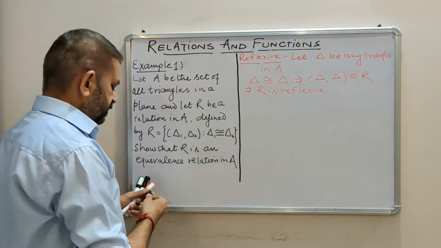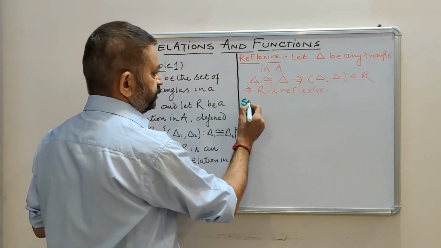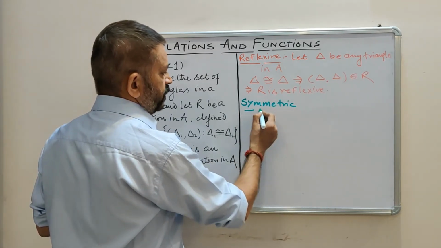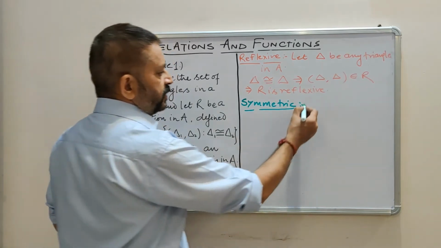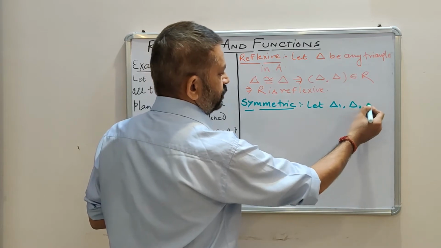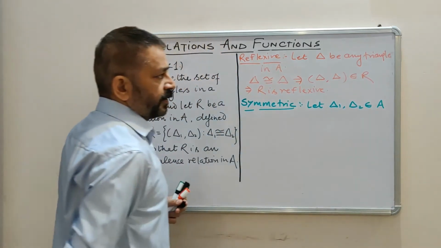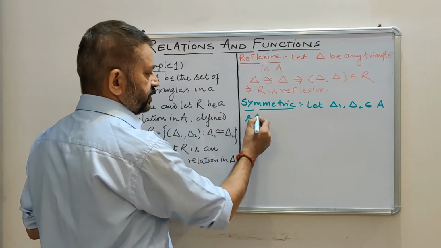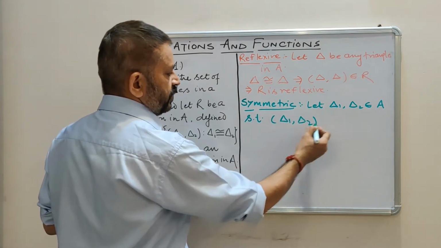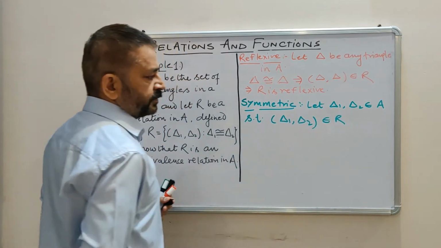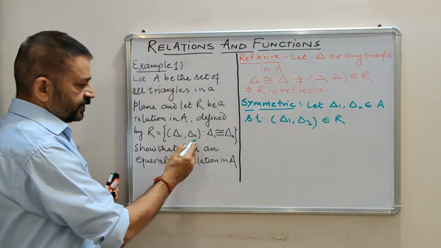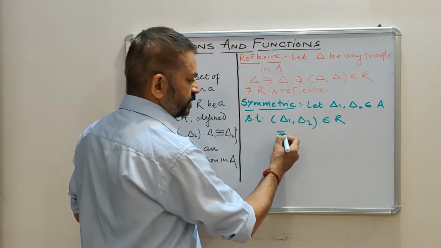Second is symmetric. To check whether it is a symmetric relation or not, let triangle 1 and triangle 2 are in A such that the ordered pair (Δ1, Δ2) belongs to R. So if (Δ1, Δ2) is in R, by the definition, what it means?